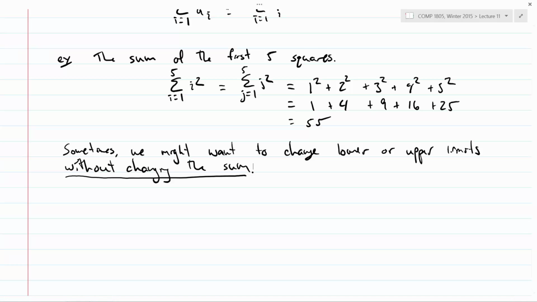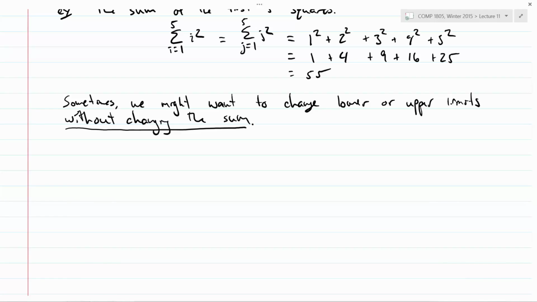I'd like to change the values of the lower and upper limits without changing what the sum evaluates to. As an example, if I had the sum from i equals 1 to 5 of i squared, the sum I had before, let's say that I would like to write that sum not with lower limit 1 and upper limit 5, but with lower limit 0 and upper limit 4.